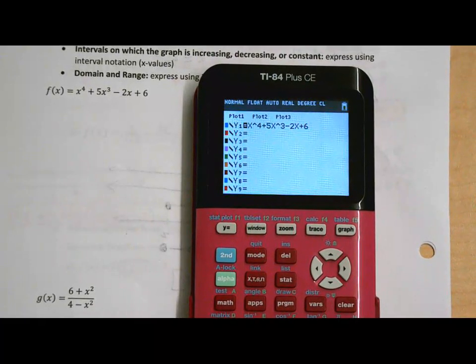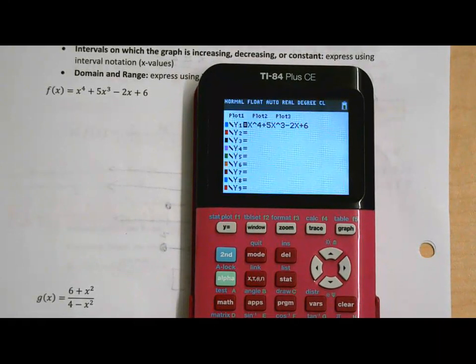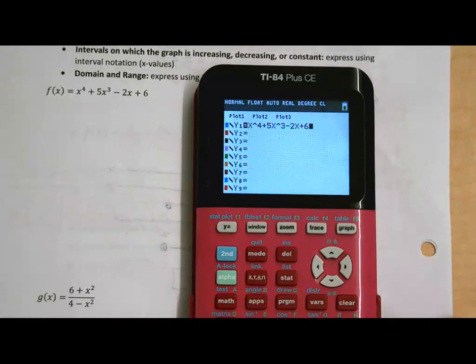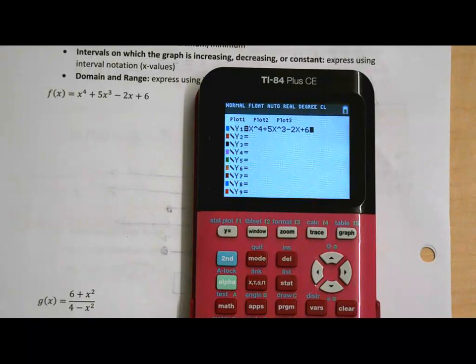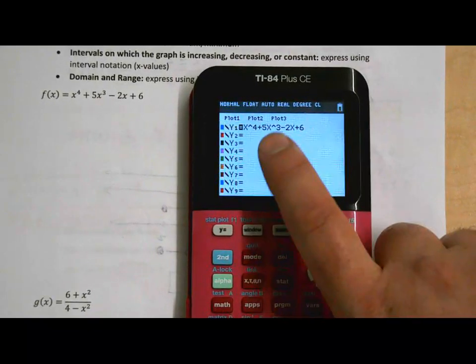Some of you might have yours actually showing the exponent as a little exponent rather than a caret symbol with a number after it. There's a mode setting where you can switch between those. Just make sure that if yours has the fancy exponents, you move your cursor off of the exponent before you go to your plus 5x.